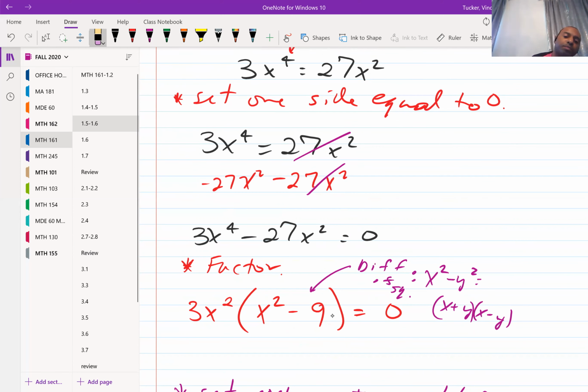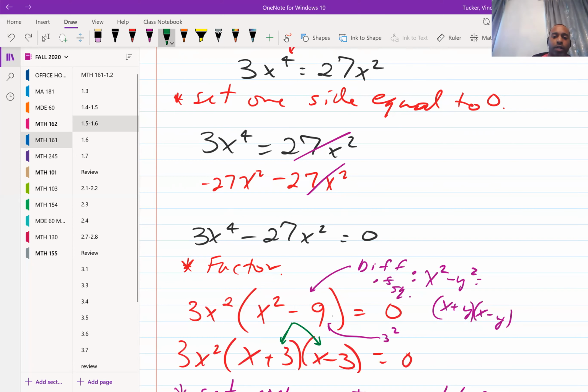All right. Then after that, right here, we have a difference of squares. That's x squared minus 9, in other words, x squared minus 3 squared. And when we have that situation, we can break it up into x plus 3 times x minus 3. That's one of the formulas that we have in factoring.